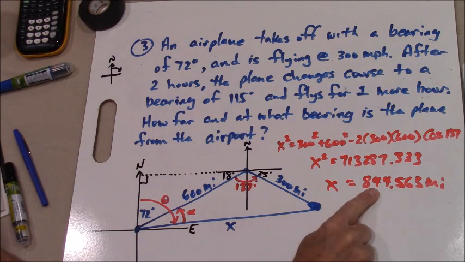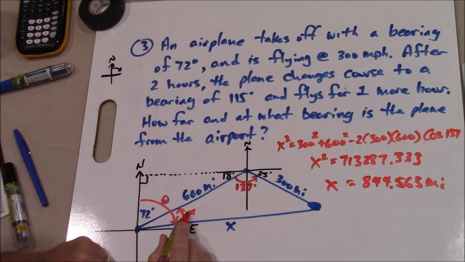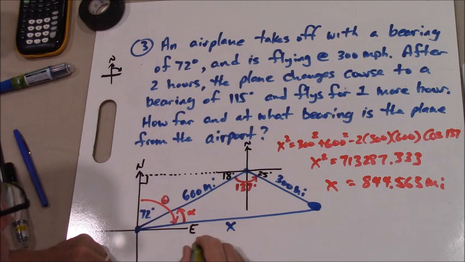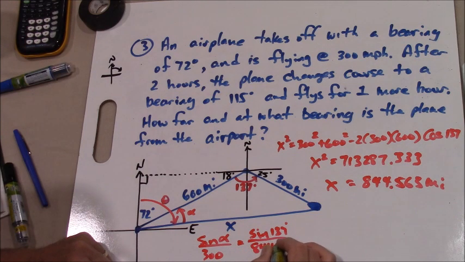This side x is 844.563 miles. So if I set up a law of sines here, I'm trying to find alpha, so I'm going to say sine of alpha over the opposite side, which is 300, equals the sine of 137 over 844.563.